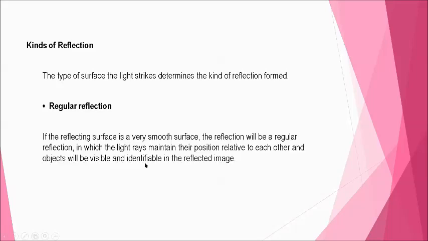If the reflecting surface is very smooth, the reflection will be a regular reflection. The light rays maintain their position: the incident ray has the same angle as the reflected ray with respect to the normal. So that's regular reflection.